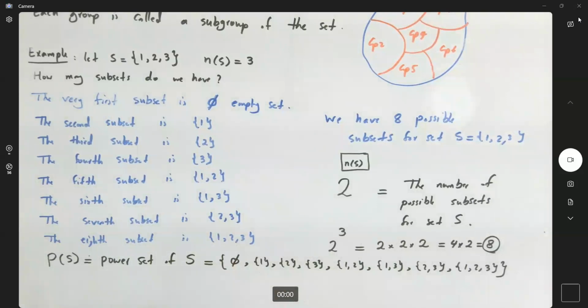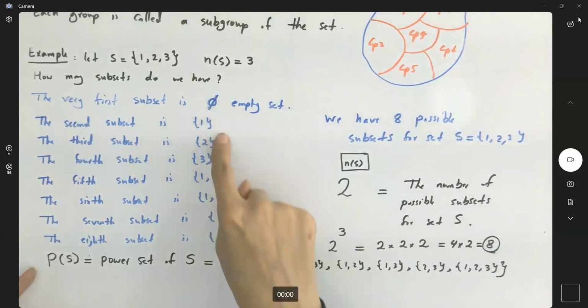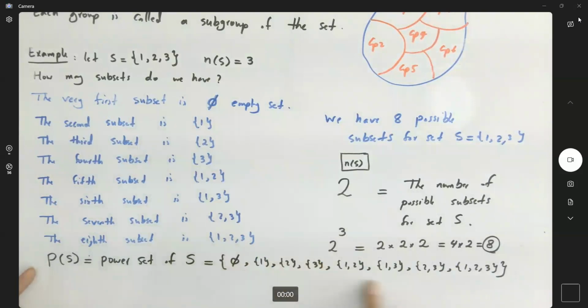So this P of S is called the power set of S. We're going to list each of these subsets as members of this new set that we call the power set of S.